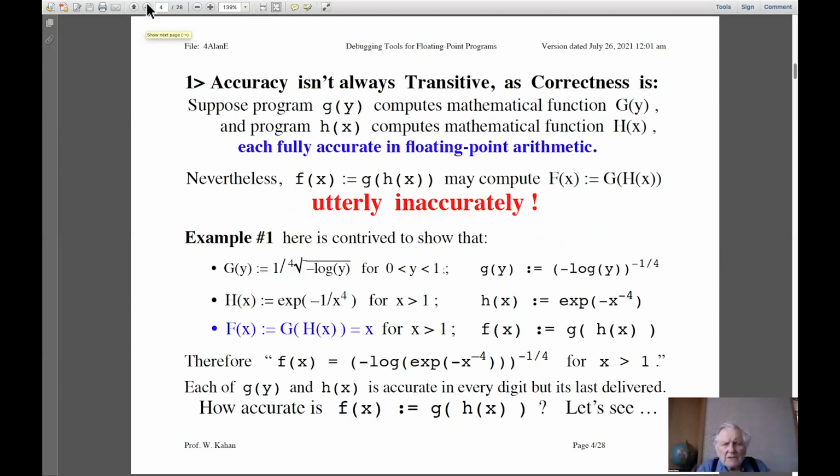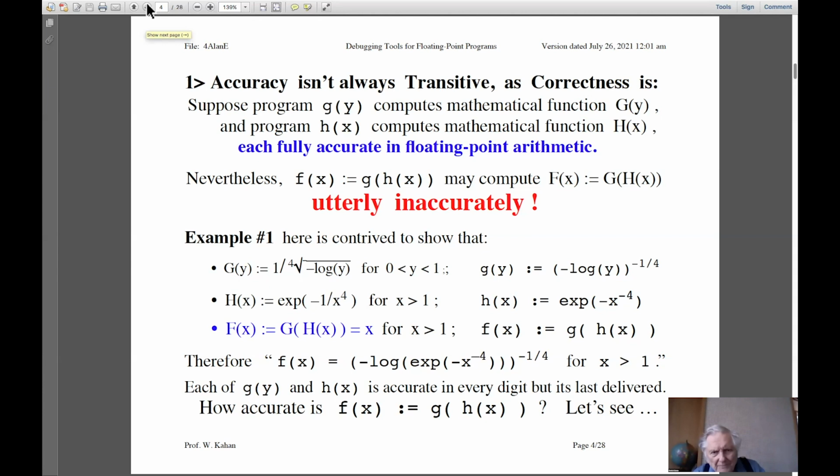Well, let's look at the first problem, which looks as if it was a deal breaker. Correctness is something that's transitive across the composition of programs. If you have a program that's correct and its output can be input to another program and it's also correct, when you put the two programs together, head to tail, you still have a bigger correct program. That doesn't quite happen with floating point.